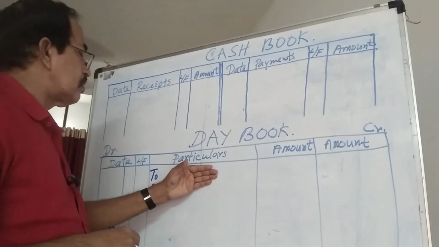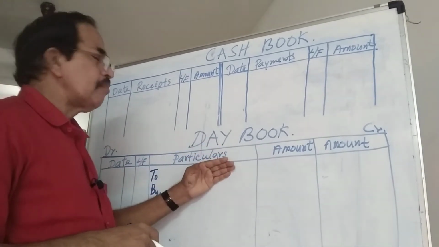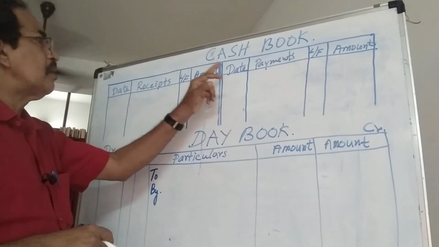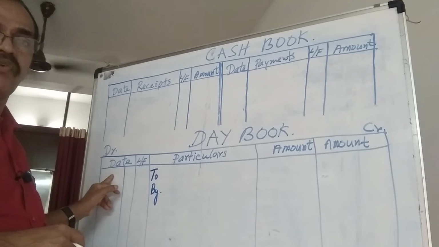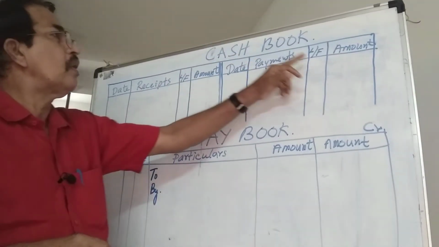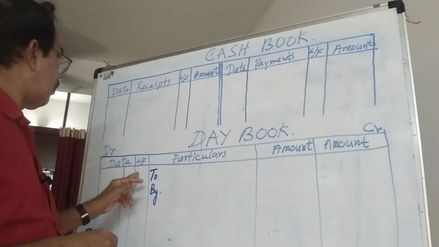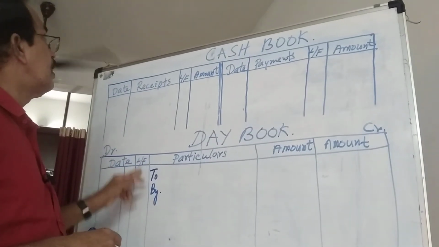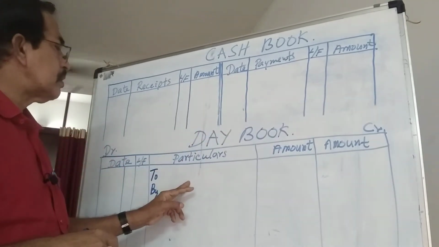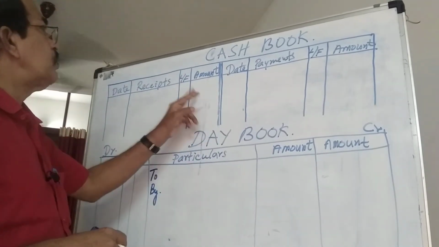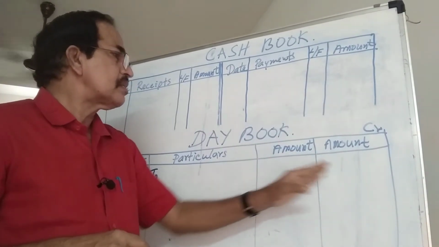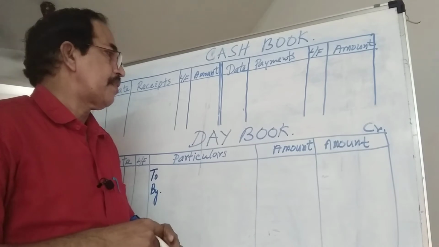Please look down. Here I have drawn the format of a table. Instead of 2 date columns, I have drawn only 1 date column here. Instead of 2 ledger folio columns, I have drawn 1 ledger folio column. In place of receipts and payments columns, I have 1 particulars column. The 2 amount columns are put together on either side close by.